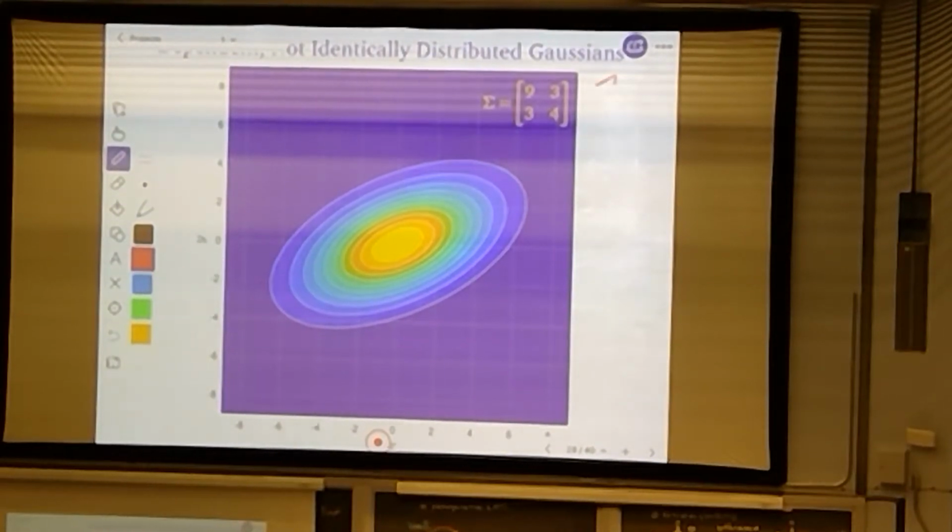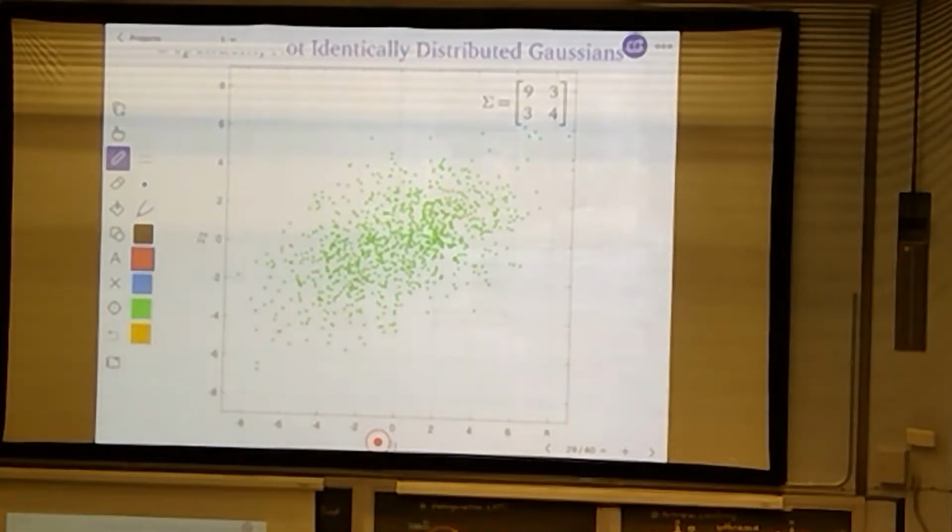Initially, when I have 9, 4, and 0, 0, it's an upright ellipse. When I introduce the off-diagonal term, it rotates. And if I sample 1,000 points from this, this is what I get.